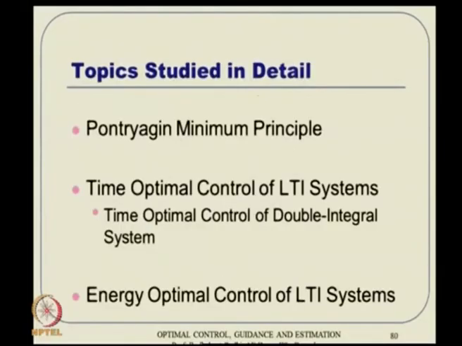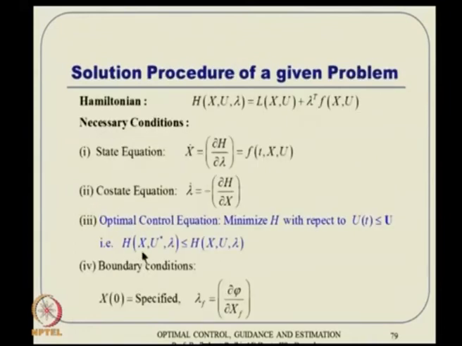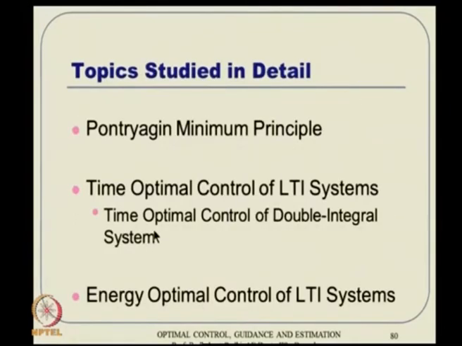The topics that we studied in detail include the Pontryagin minimum principle, and a cursory proof is also there for the idea behind how we end up with it. Then we did a great deal of analysis for the time optimal control system, the minimum time control problem, and we even took a double integrator system to demonstrate the idea in fair detail.